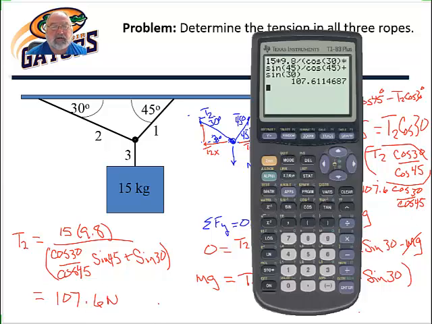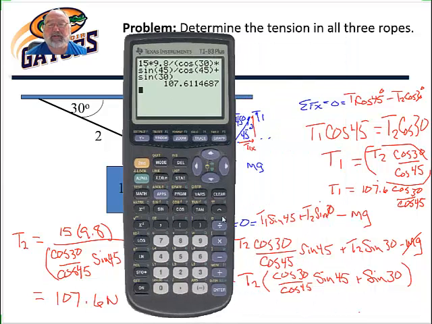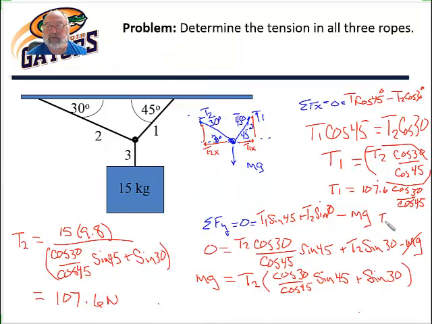And bring our calculator up again. And that gives us 131.8. So T1 is equal to 131.8 newtons.